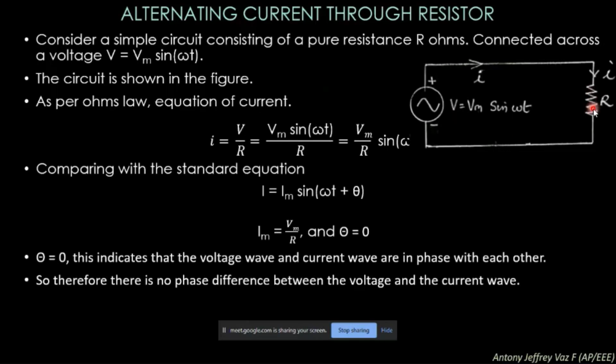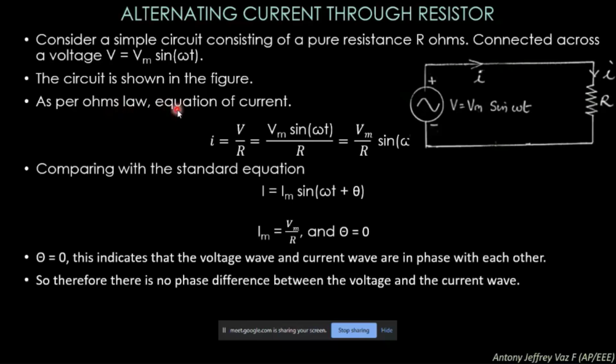Other than resistance, there is no element such as inductance and capacitance. This voltage V is equal to Vm sin omega t is being supplied to the resistor. So while supplying the voltage in a closed path in a resistor, you can see a current I will be flowing in the circuit.